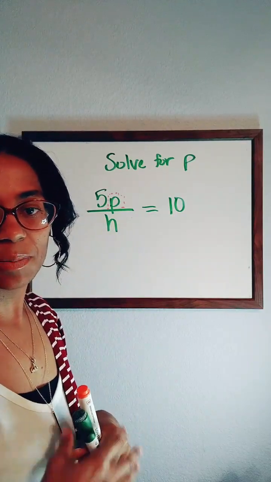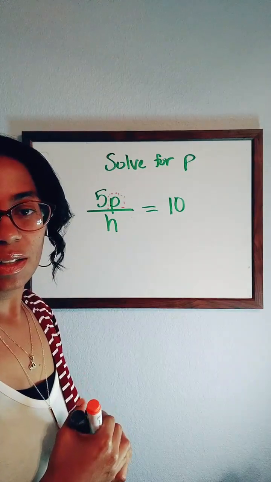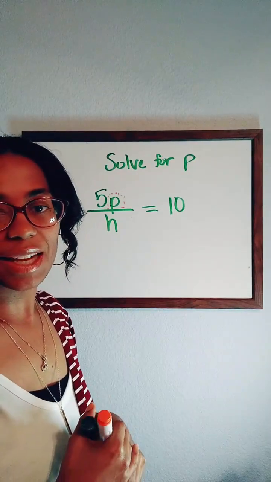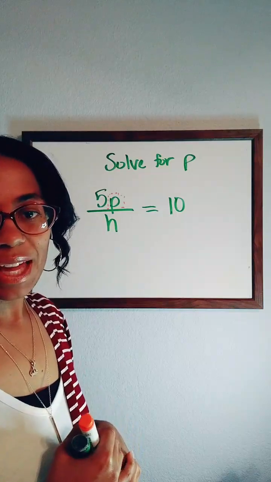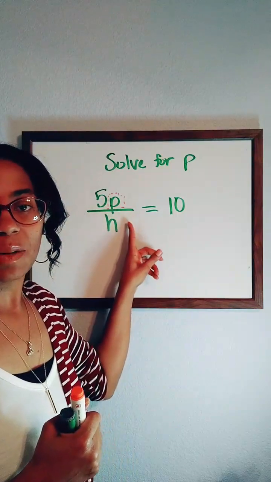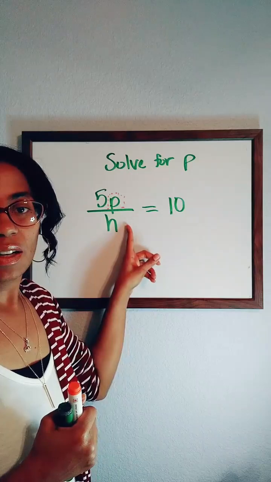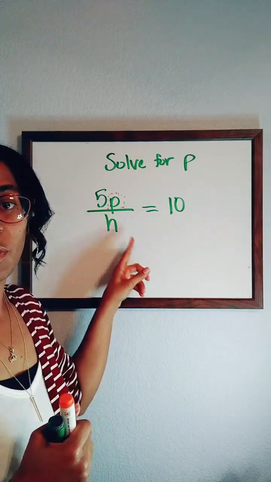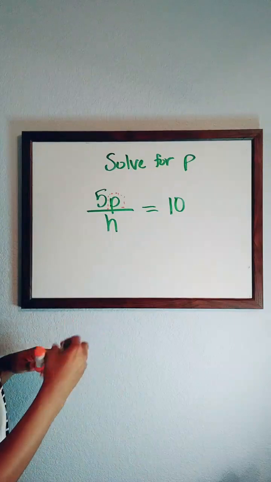Times the H. Multiply the H. Because if I'm dividing P by H, then I need to multiply it by H to get rid of it. Remember, we have to do the opposite. We have to do inverse operations.